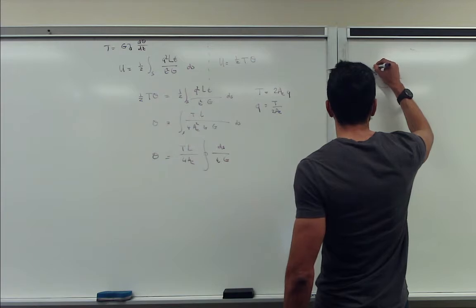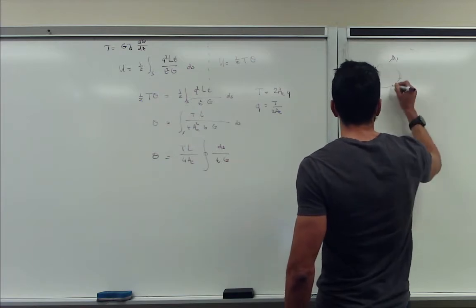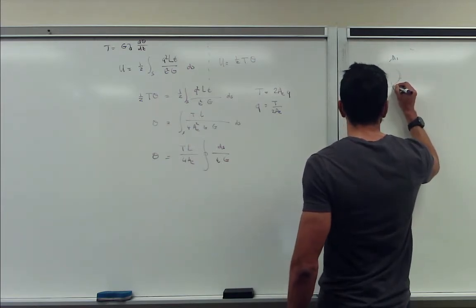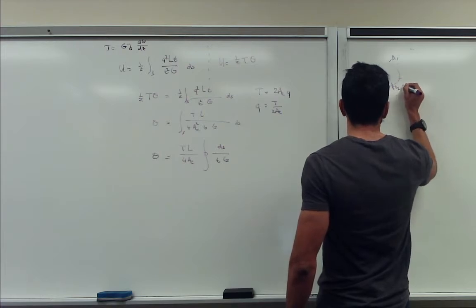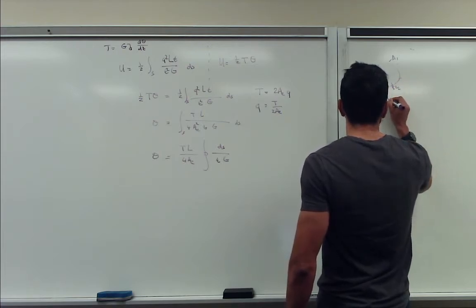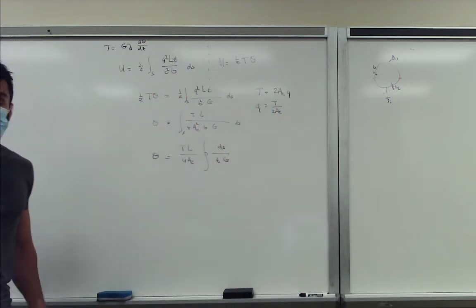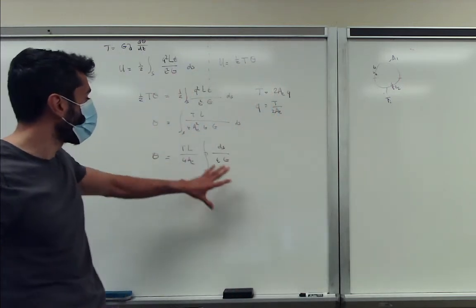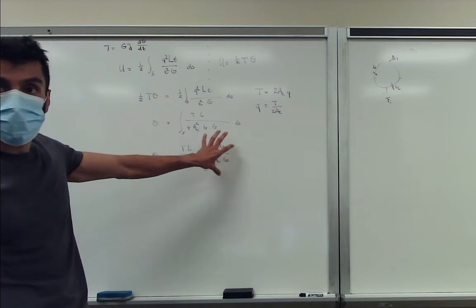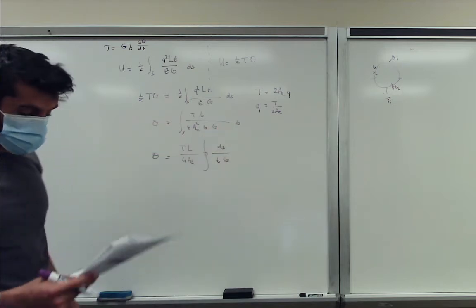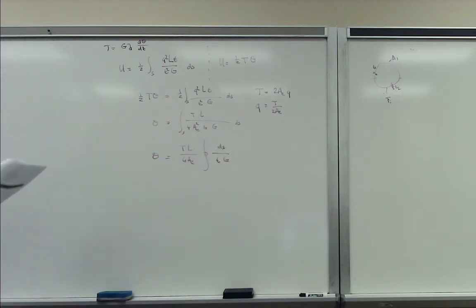Say this is T1 and aluminum, and this is T2 and titanium. So you can have a fuselage that's made out of multiple thicknesses, so you have to take that into account. Therefore, this part must be within the integral in order to take that into account.